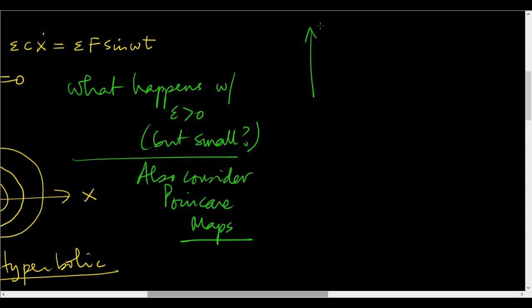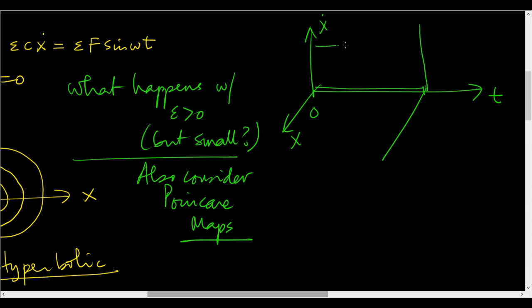So maybe x dot and t, but we go from 0 to this distance, which is 2 pi over omega, and once again we have another x dot and another x. There's a plane here, there's a plane here.